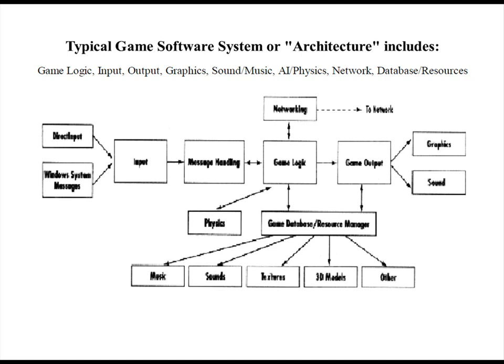Most programs, or even a website, I've done many website projects over the years, have some form of input, then some form of logic that works on the input, and then some form of output. That's the minimum for a program.